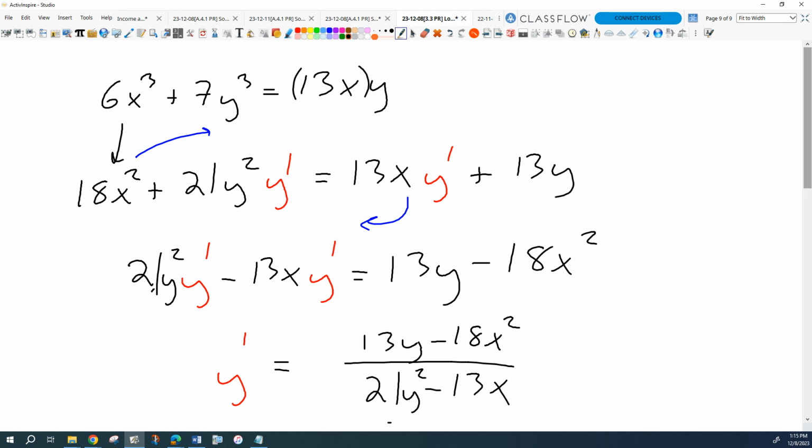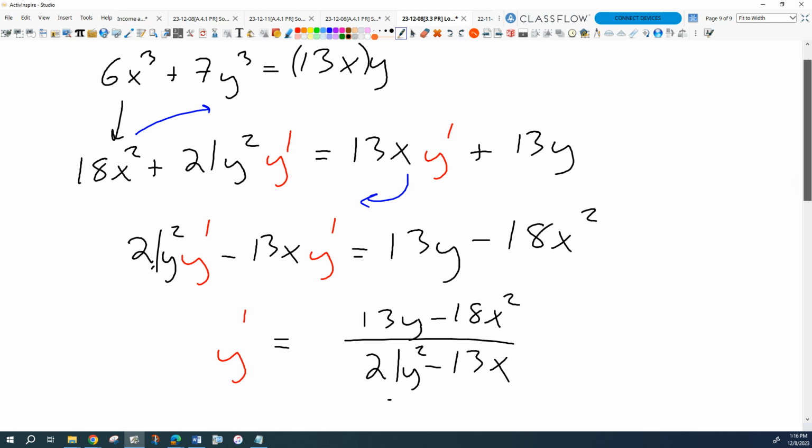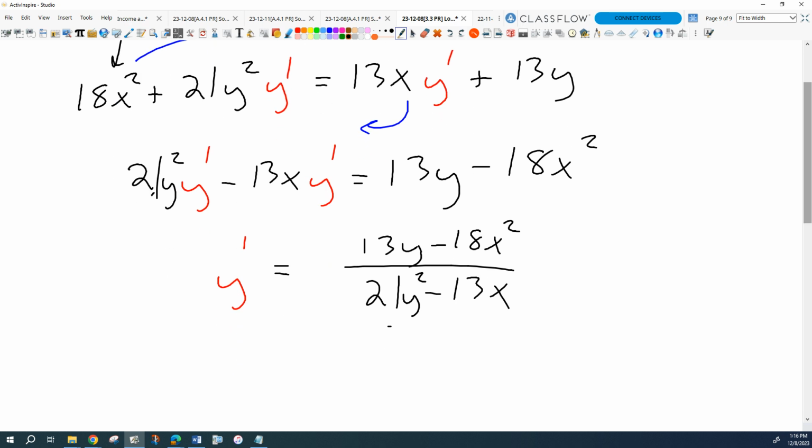Oh, okay. I know what you did. You did the opposite. You took the 21 to the other side, and then you subtracted the 13y to this side, right? So you had this, and these are equal, right?